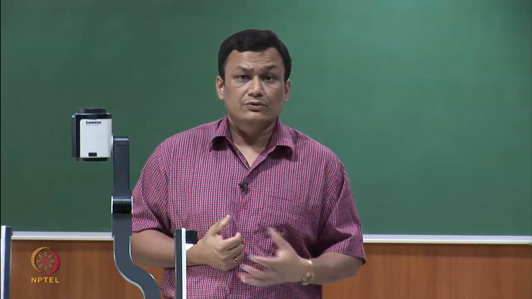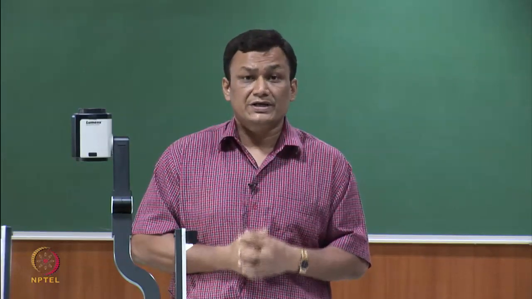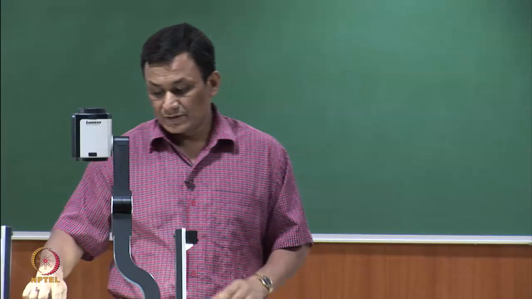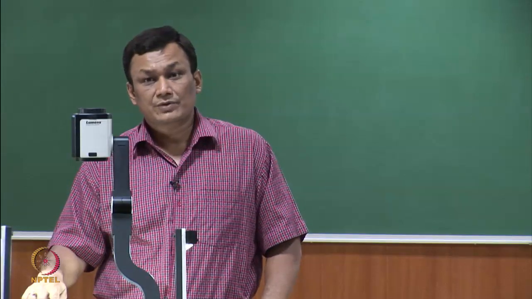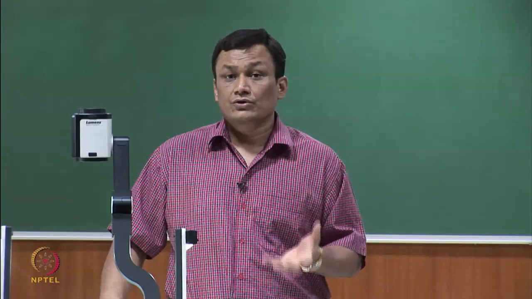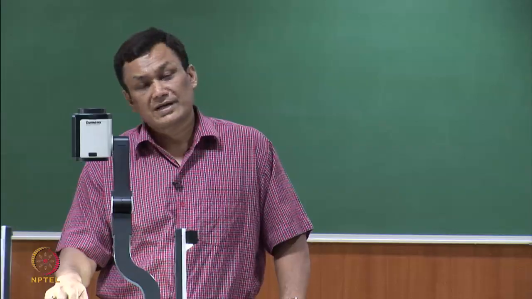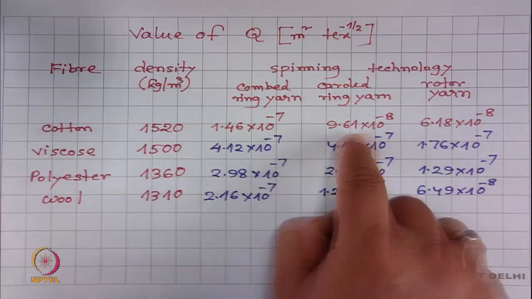What is the value of Q when we produce rotor yarn using polyester fiber? This value 1.29 into 10 to the power minus 7. What will be the value of Q when we produce carded cotton ring yarn? 9.61 into 10 to the power minus 8. Okay.